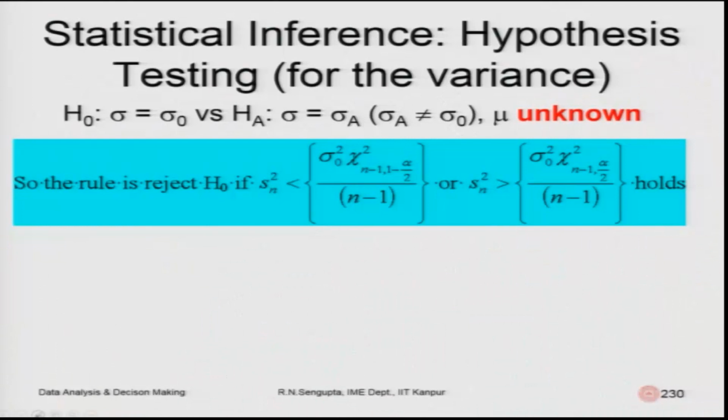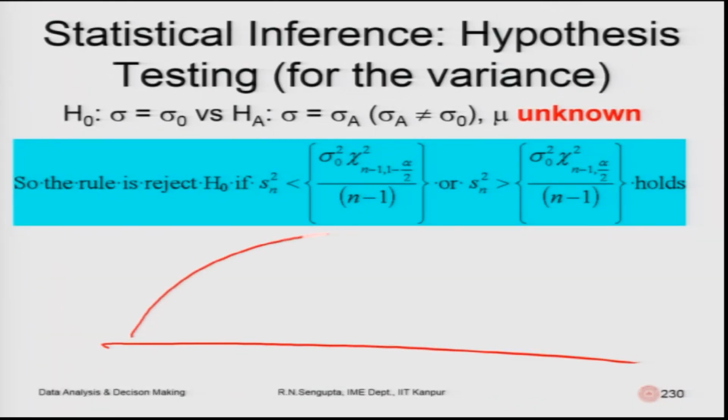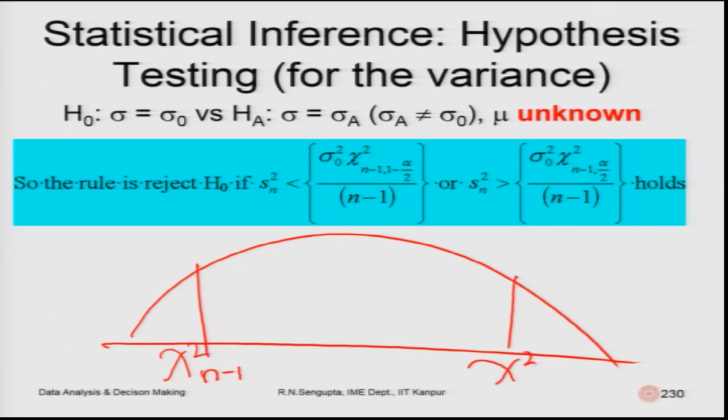Finally, for the case, I will first write the degrees of freedom. So, this is alpha by 2. So, this becomes alpha by 2. This would be 1 minus alpha by 2 because this is alpha by 2.